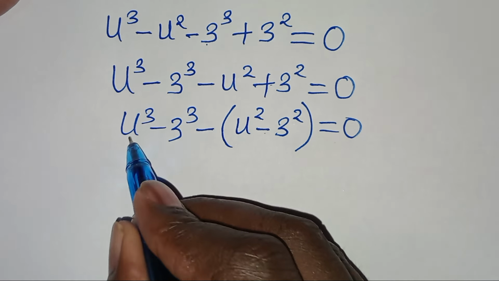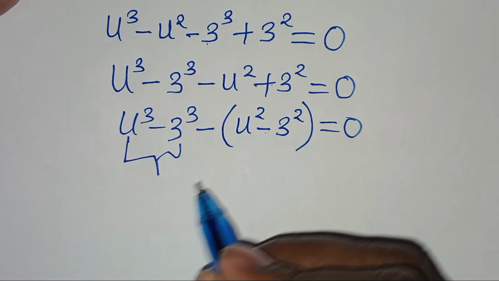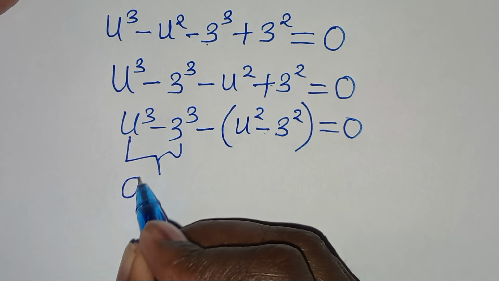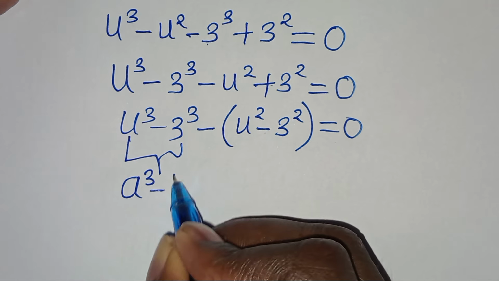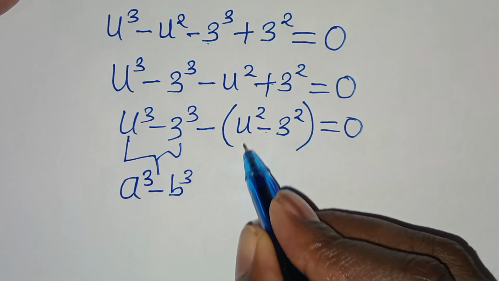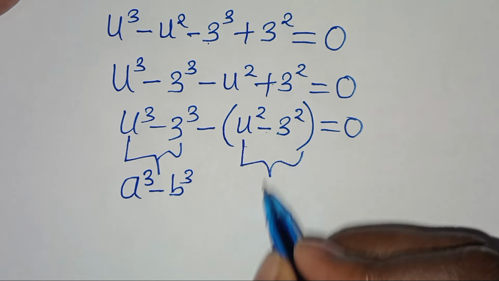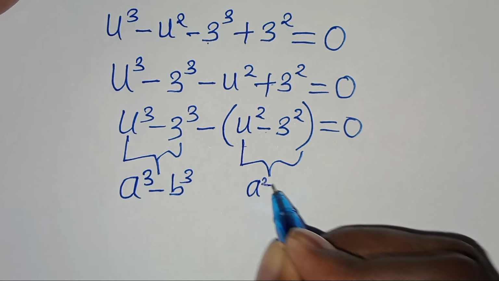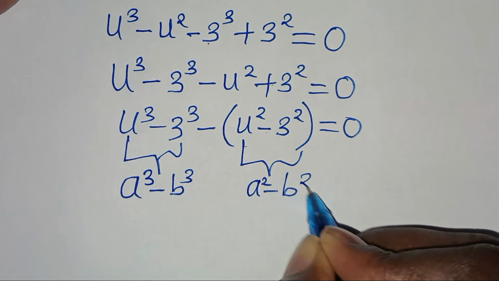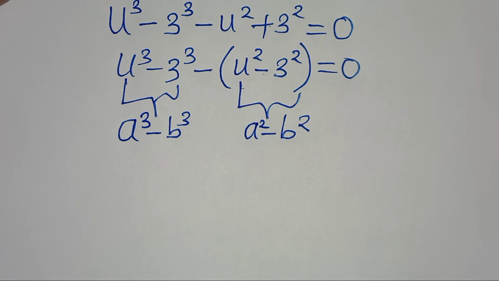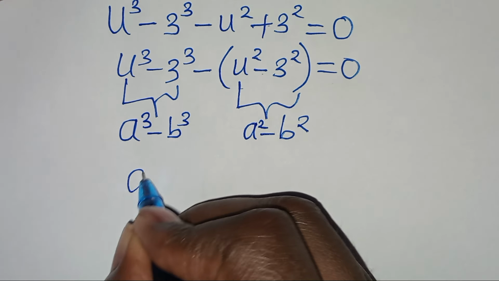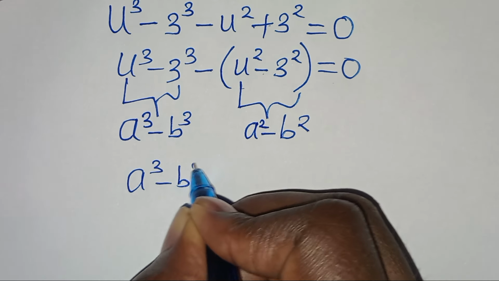So we have got two parts here. The first part is the difference of two cubes, that is a to the power of 3 minus b to the power of 3. And the second part here is the difference of two perfect squares, expressed as a squared minus b squared. So we have a to the power of 3 minus b to the power of 3.